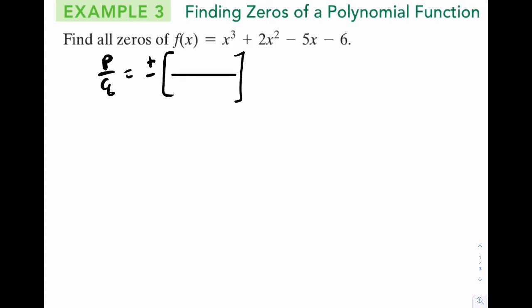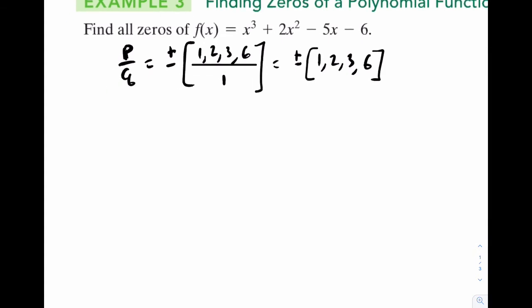So the factors of 6, that would be 1, 2, 3, and 6. And the factors of 1, that's only 1. So now we have plus or minus 1, 2, 3, and 6. Now this is what some teachers are going to have you do. They would say, now we're going to do synthetic division.